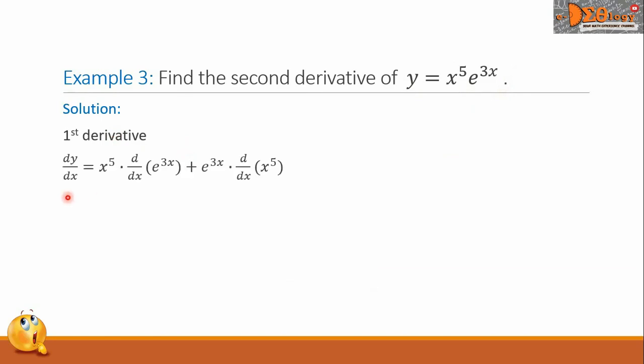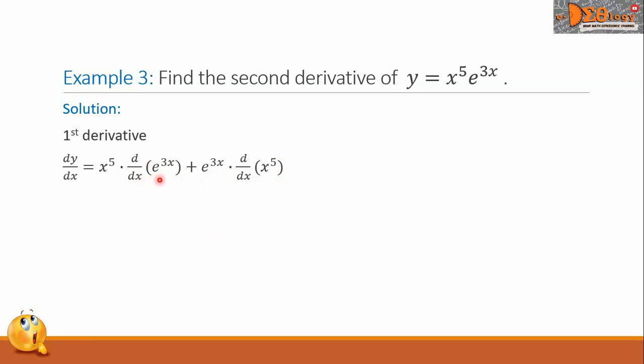So dy over dx equals x raised to 5 times the derivative of e raised to 3x plus that e raised to 3x times the derivative of x raised to 5. Let us take now the derivatives respectively.